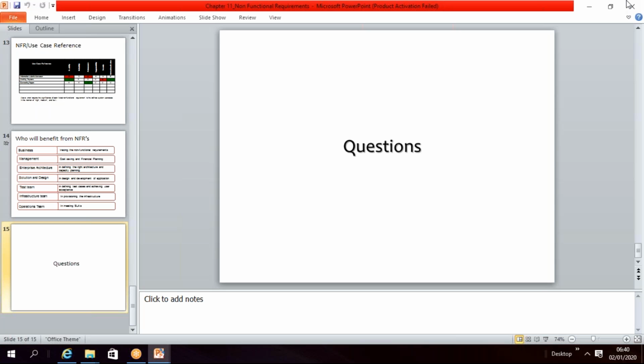Okay. All right. So that's about the non-functional requirements for a software application. Let's move on to the UML diagrams.